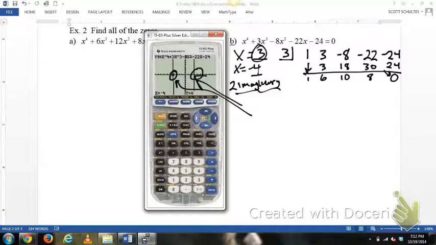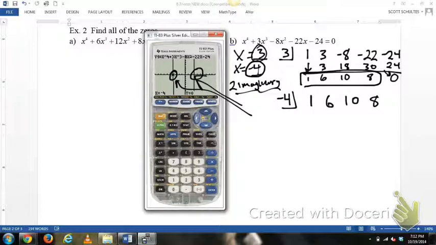Now, this is the other thing we have to keep in mind. These are the coefficients of the quotient polynomial, and I'm going to divide out my next 0 right away. So I'm going to synthetic divide twice with a negative 4 this time. The coefficients I'm going to synthetic divide with are 1, 6, 10, and 8.